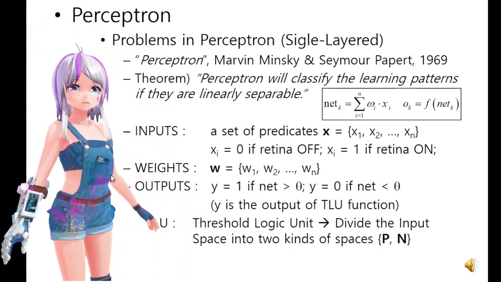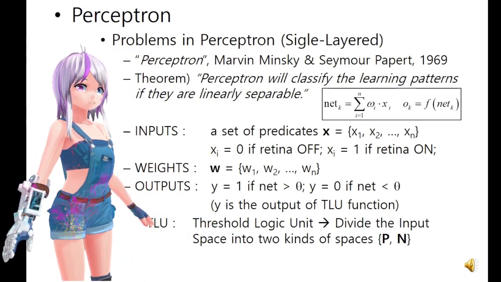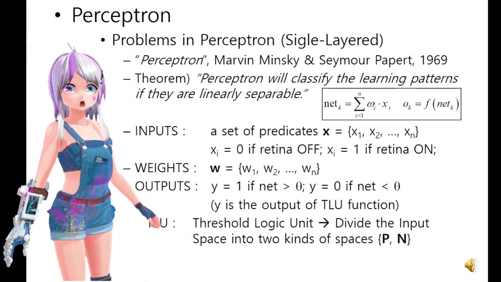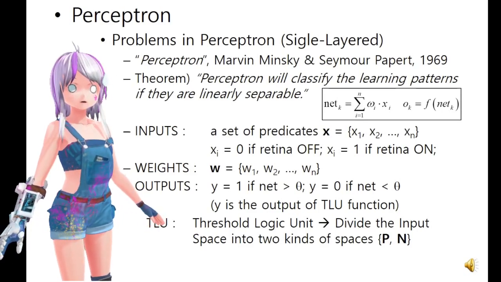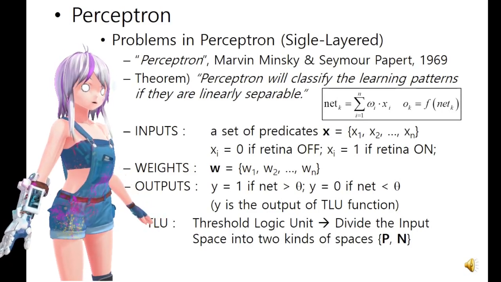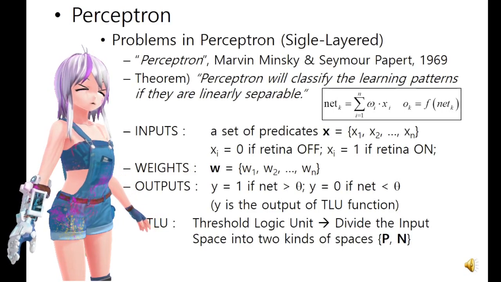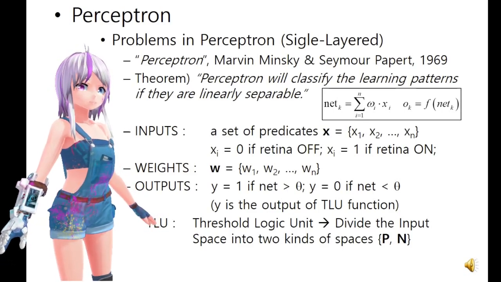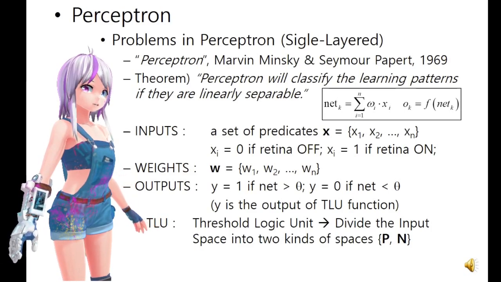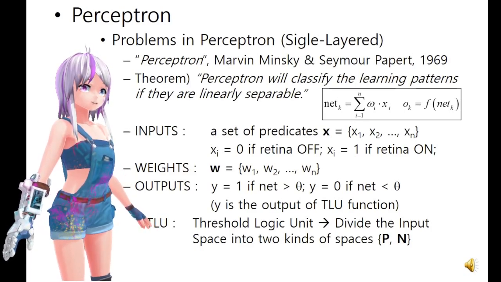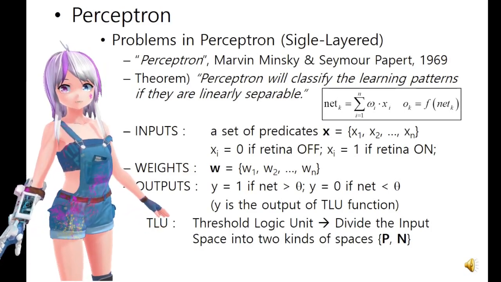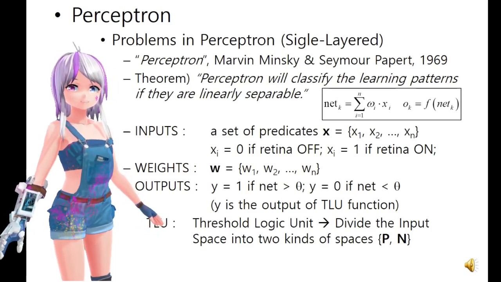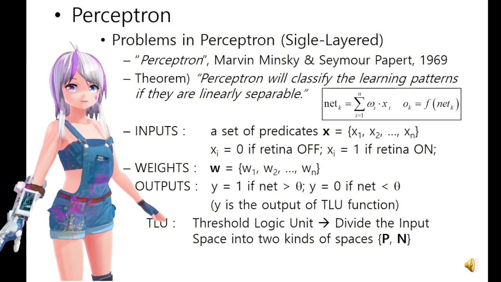So our net_k is the summation, i from 1 to n, of w_i multiplied by x_i. This is just the definition of the inner product between two vectors, w and x. The output o_k is the activation function f of net_k. The inputs are a set of predicates x1, x2, x3, up to xn.